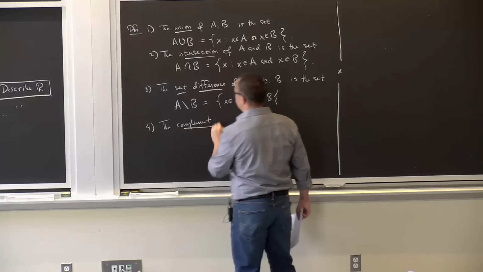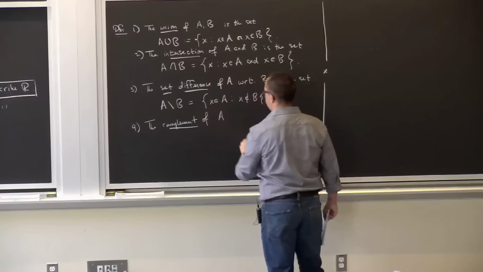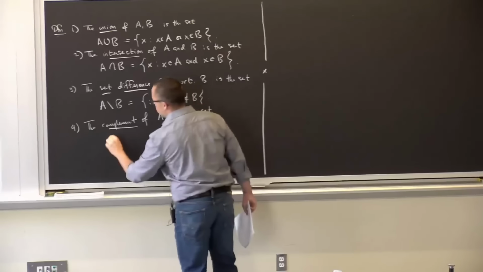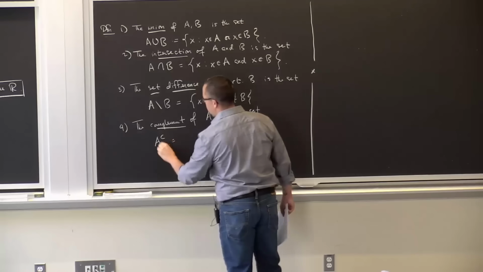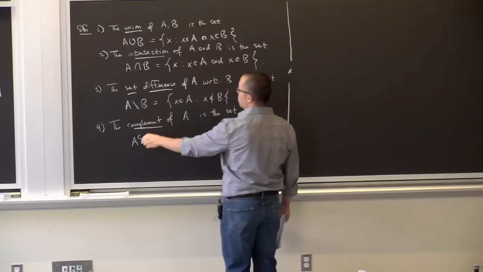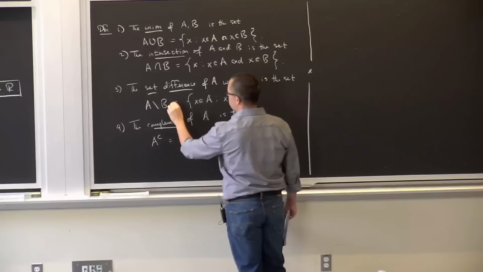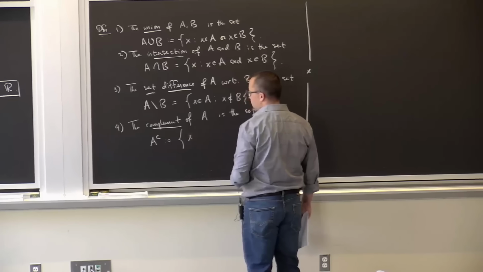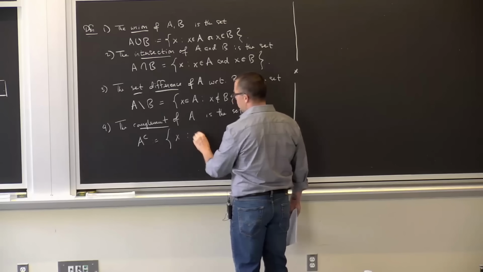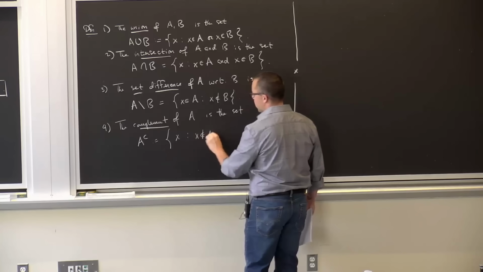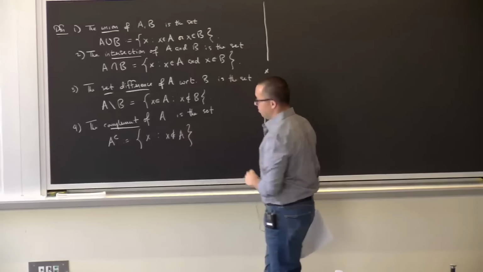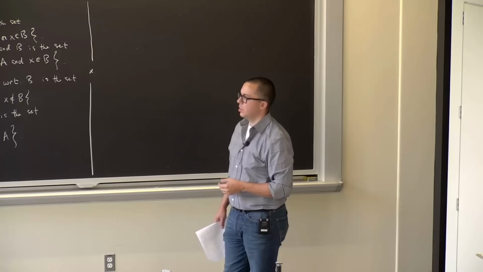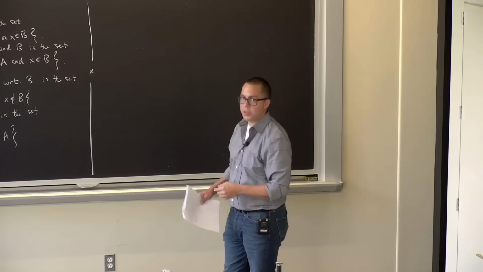The complement of A is the set A^c. So this is how I'm denoting the set. Kind of the next part is how I'm defining this set. This is the set of all elements in our universe that is not in A. And when I say universe, I don't mean this universe necessarily.